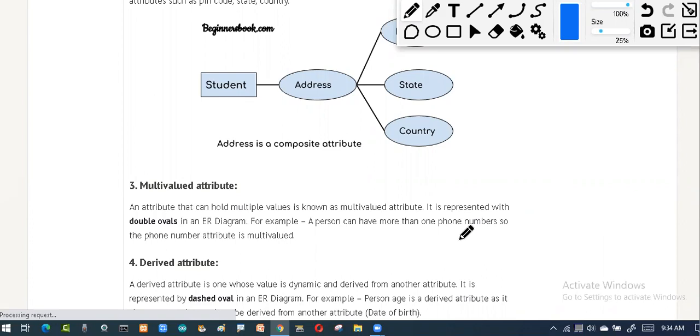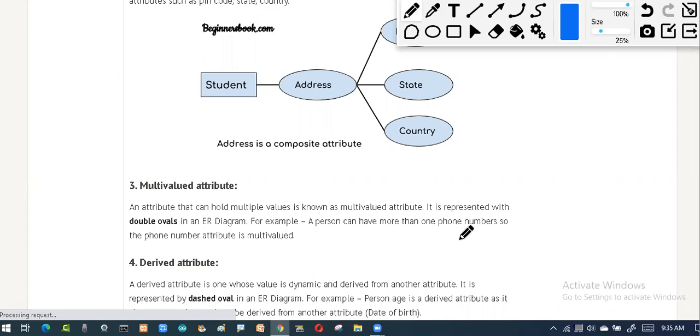Is this number a home number, an official number, a personal number, or an office number, or something like that? That means we add the category that the particular phone number belongs to. Not only that, I have a personal mobile number, I have an office number, so I have multiple numbers. That means a person has multiple values for that particular entity.